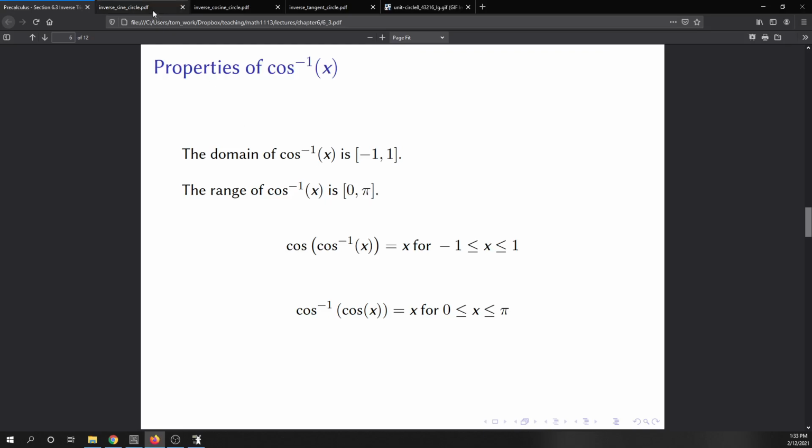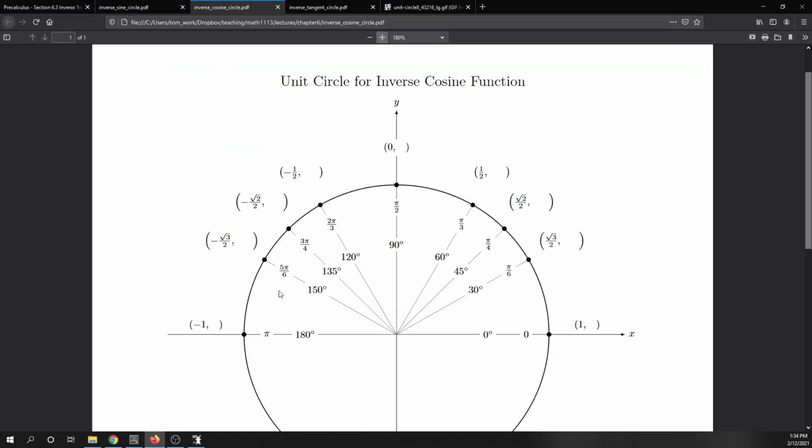So it's always going to give you an answer from 0 to pi, so the upper half of the unit circle. And then we only want the cosines, so that's why I only have the first coordinates here. That's all we're looking for with inverse cosine, and that's because the cosine is the first coordinate of those points on the unit circle. And I didn't have to do any relabeling. This is how the standard unit circle is labeled.